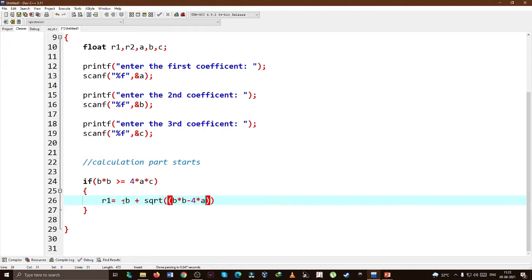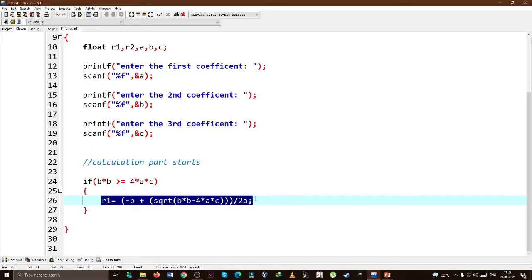We have to give all the brackets properly, otherwise our calculation part will give an error. And the whole thing is divided by 2a, so we have to give our brackets properly.